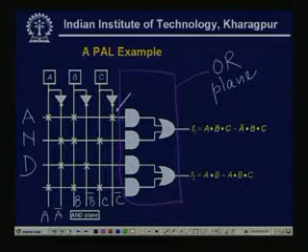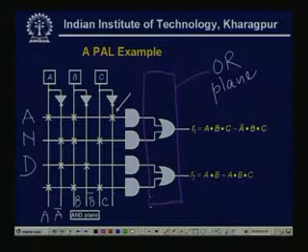Then these are the inputs of the AND gates, and these are then realized by the OR. So, actually for the fixed OR plane we should give these two input OR gates.